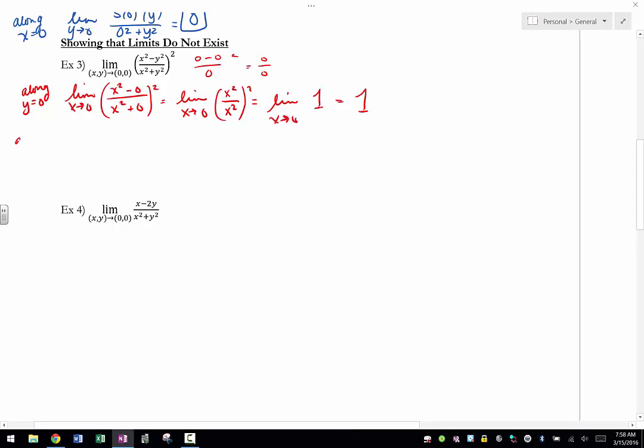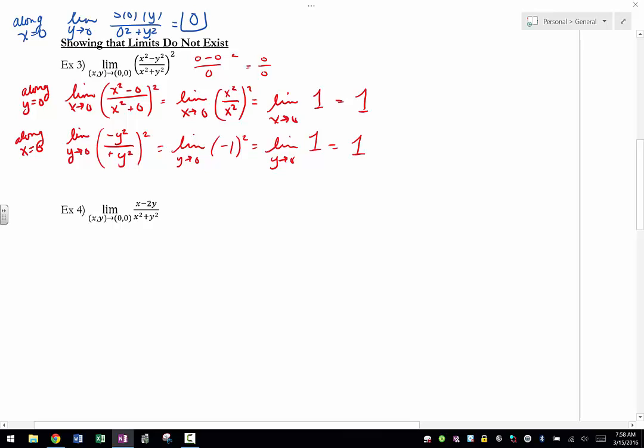So let's go along the path x equals 0 this time. So I'd be taking the limit as y approaches 0 of negative y squared over positive y squared, because again, if x equals 0, those disappear. And that squared, which is the limit as y approaches 0 of negative 1 squared, which is the limit as y approaches 0 of 1, which is 1.